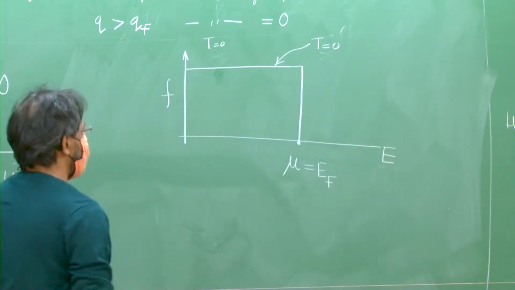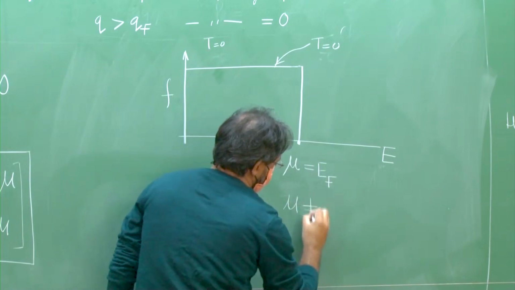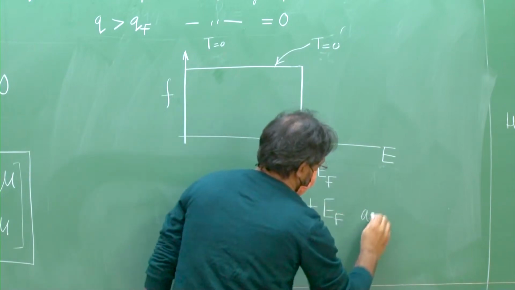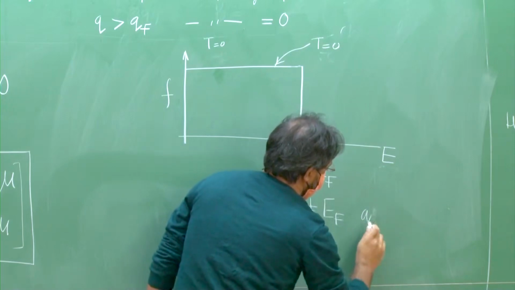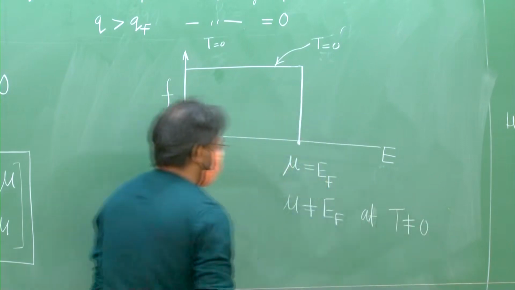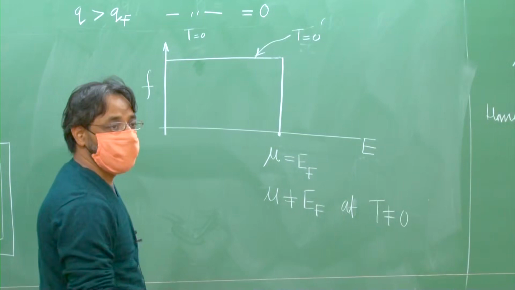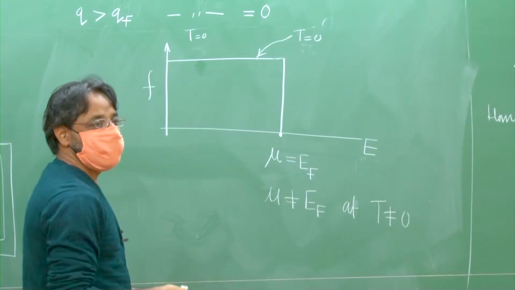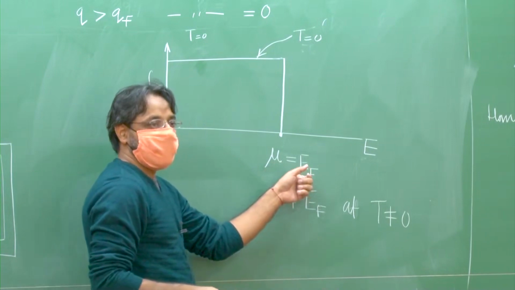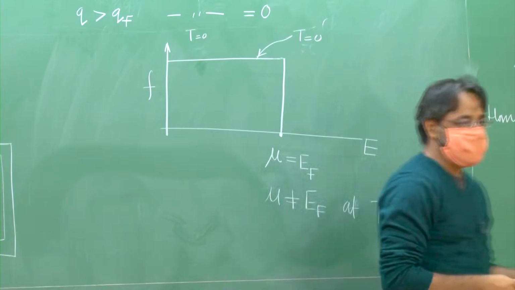So, therefore, for an electron gas in a metal, this mu is equal to EF at t equal to 0. Now, at a non-zero temperature, mu is in general not equal to EF. But for the electron gas, because EF is a very large number, as I said before, for all practical purposes you can take mu to be the Fermi energy, because the correction term that comes from the temperature dependence is very, very small.